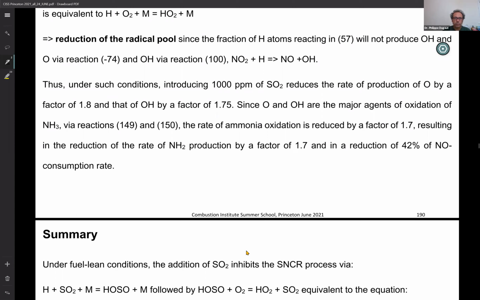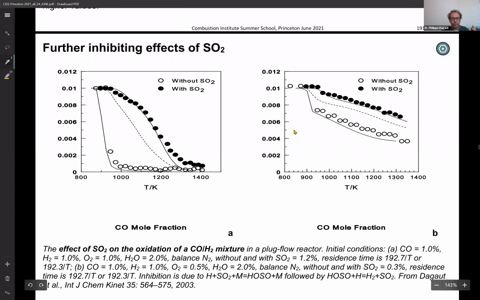We studied also the effect of SO2 on the oxidation of different systems. The first system that we considered was CO H2, syngas mixture, and we plot here the mole fraction of CO as a function of temperature.